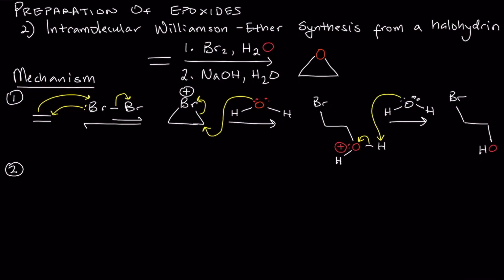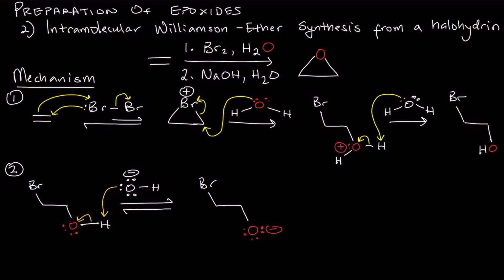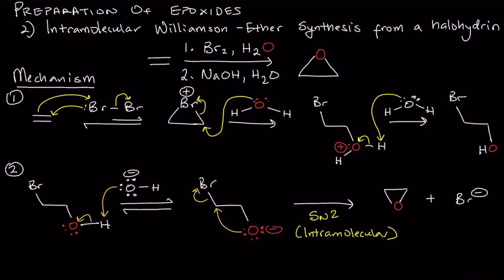Then in your second synthesis step, when your halohydrin is treated with a base, such as sodium hydroxide, you can expect a proton transfer, which now ends up activating the nucleophilic end of your halohydrin, which means you can imagine an intramolecular SN2 to form your epoxide and a bromide as your leaving group.